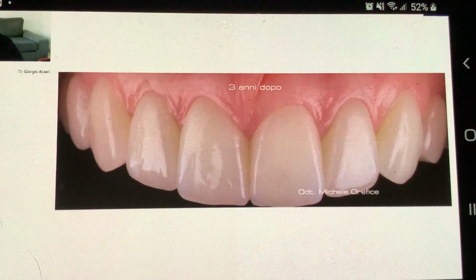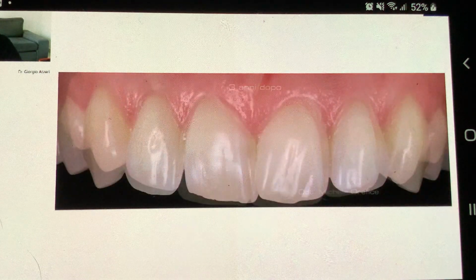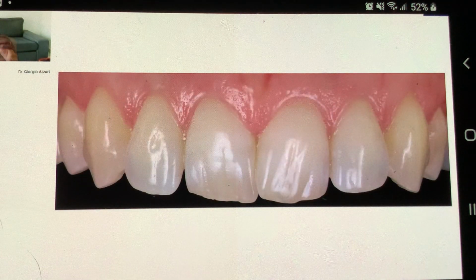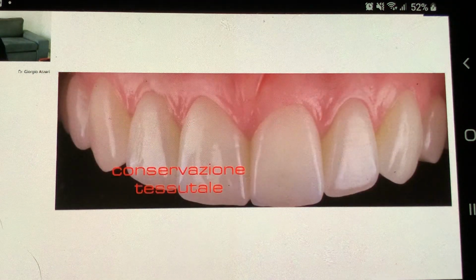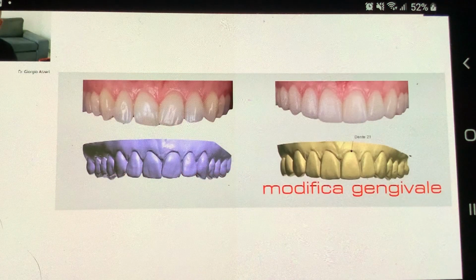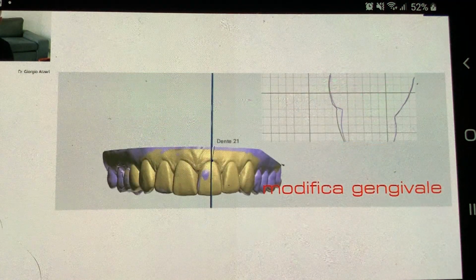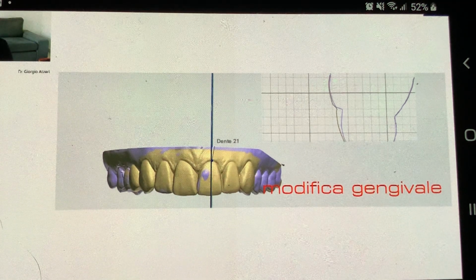This is after 3 years after cementing the veneers. This is done by Michele Orefice. This is what we started from, and what changes in the preservation of tissues, and again what the gingival modification is, which is measurable, measured through the scans, with the scanner.